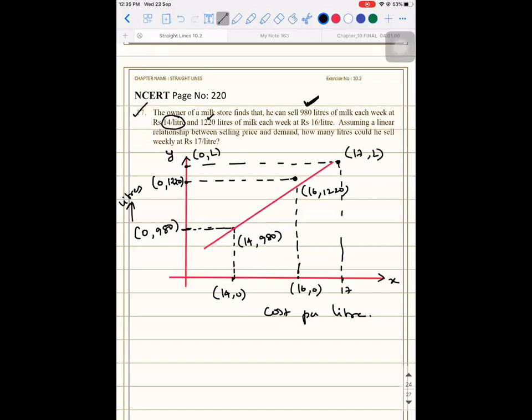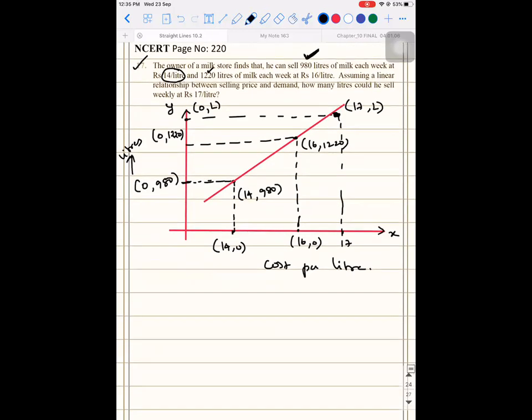All these points are collinear. I hope you are able to understand this point. Right. So since the points are collinear, what can you say?